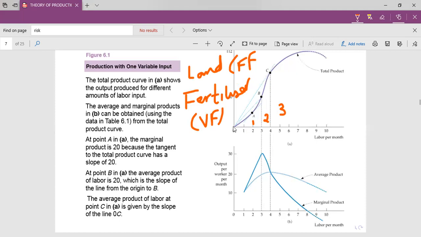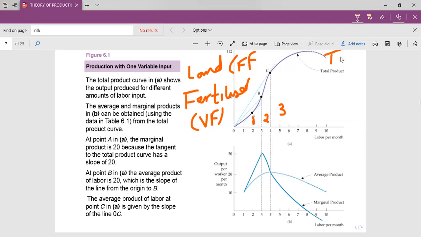So in the first stage here, where we have number 1, it shows that if it's a piece of land, you are a farmer, and you apply fertilizers, as you apply fertilizers, the crop yields will increase, isn't it? They'll be increasing at an increasing rate, right? So that is stage 1. And here, this is the total product curve.